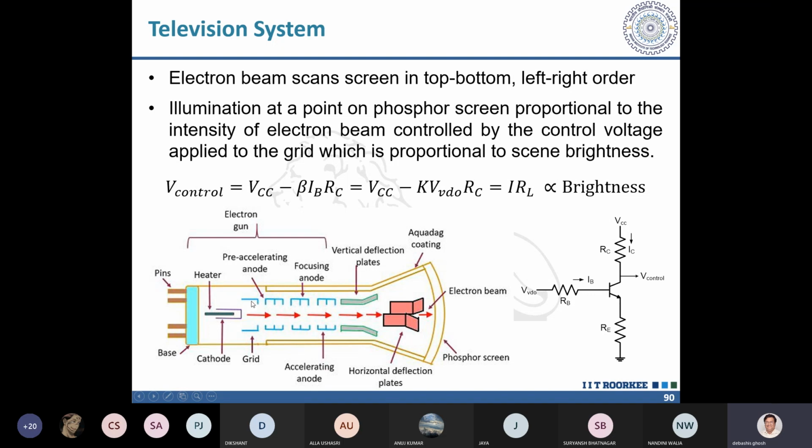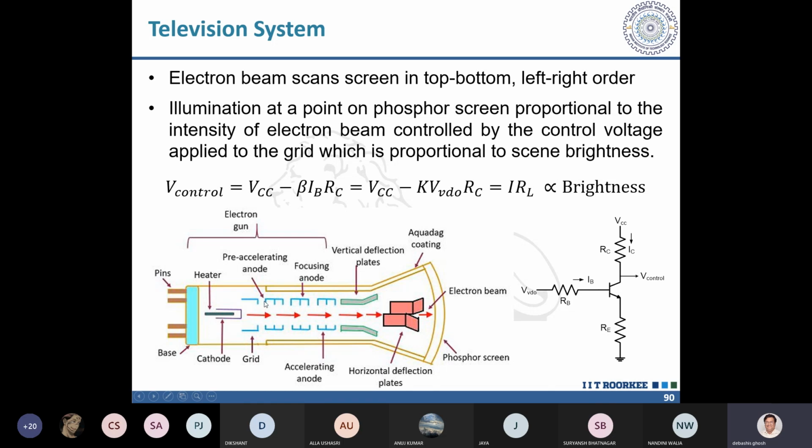This grid and the focusing anode and all these, you apply positive voltage to them. So depending on the positive voltage that you are giving them, if you make them more positive, more electrons will be coming.